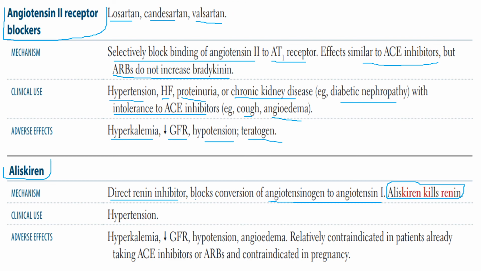It can be used in hypertension. It has some adverse effects like hyperkalemia, decreased glomerular filtration rate, hypotension, and angioedema. It is relatively contraindicated in patients who are already taking ACE inhibitors or ARBs, and contraindicated in pregnancy.